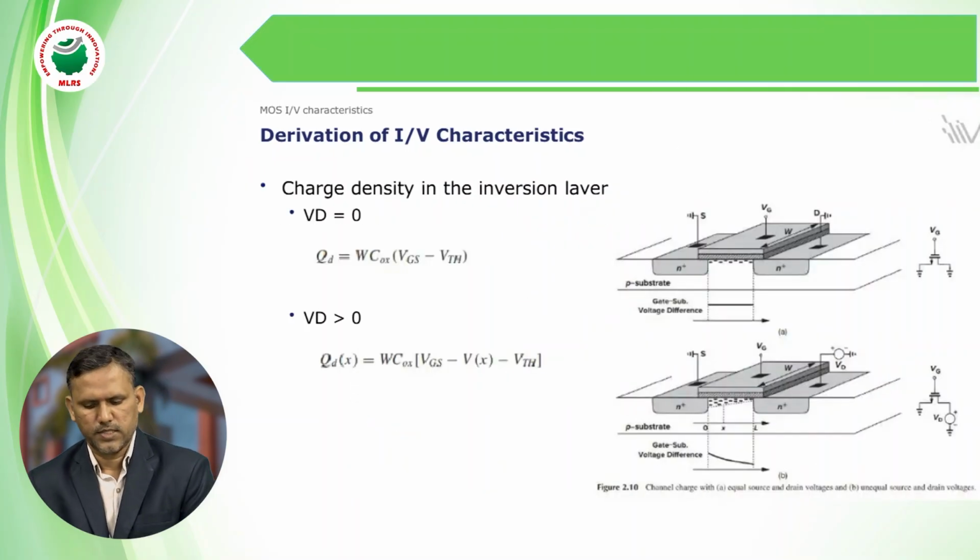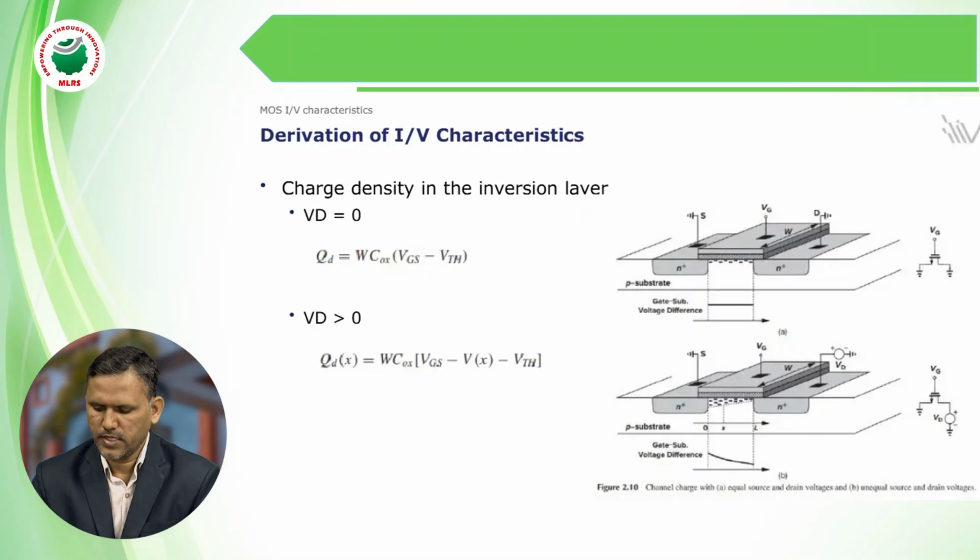Next, consider the charge density in the inversion layer. Here the inversion layer is developed due to the gate supply voltage. We consider two conditions. One is VD equals 0. The second one is VD greater than 0.